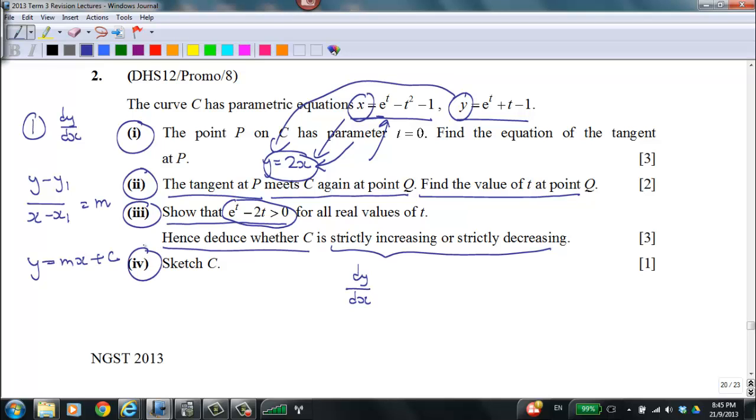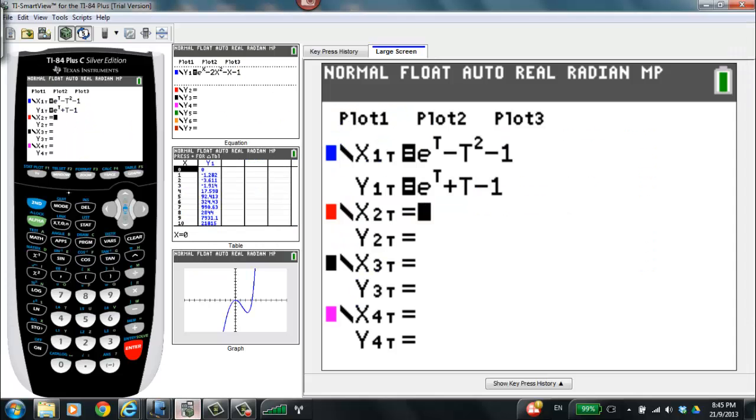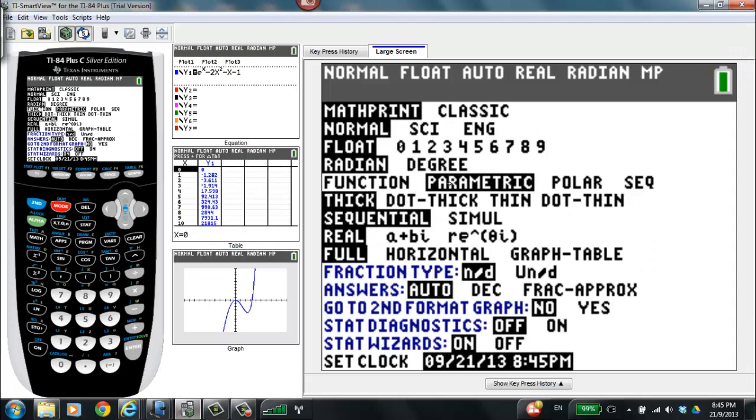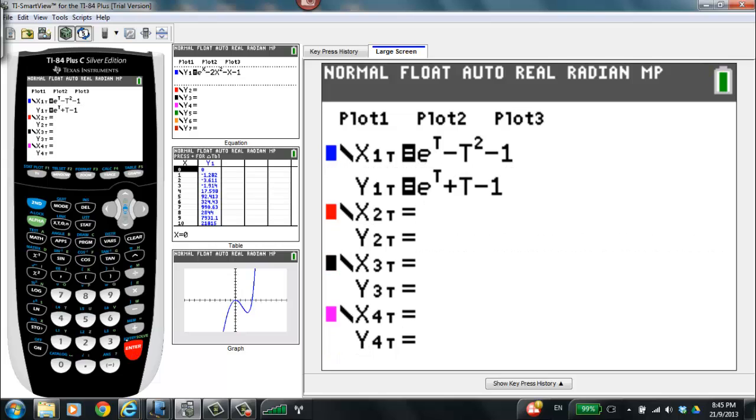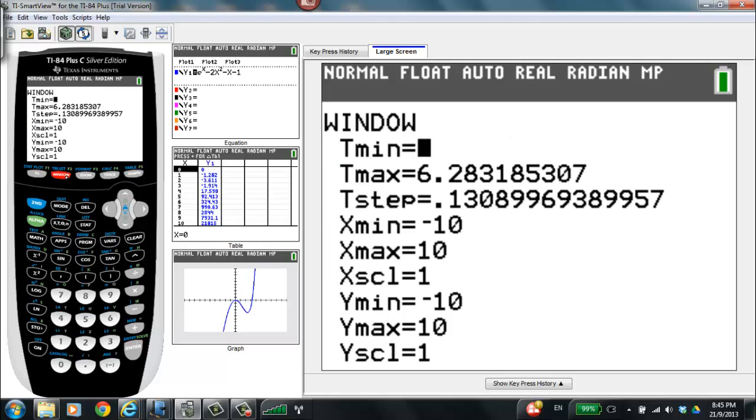Okay, for the last part of the question, we are just going to sketch C, so we are going to use our GC to help us sketch. So we'll go to our GC. First thing first, please change your mode to parametric. Key in the equation. But before you press the button for graph, please go to Window and change the T minimum.